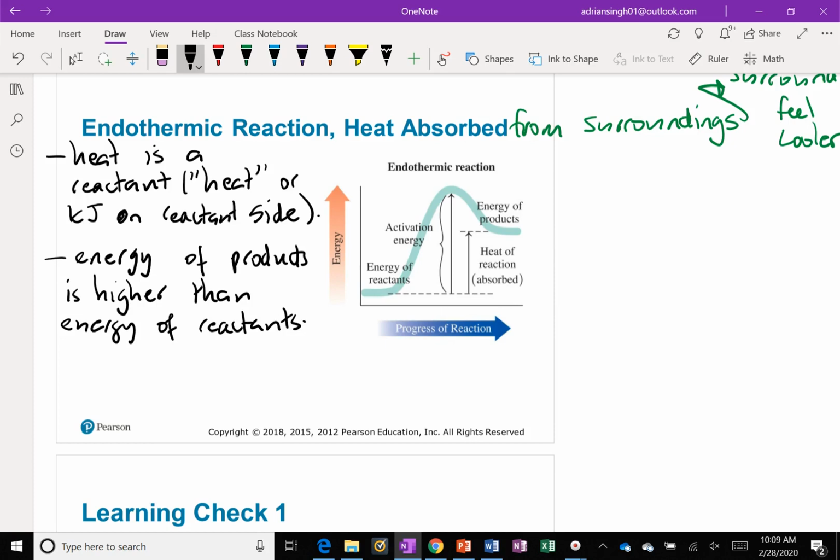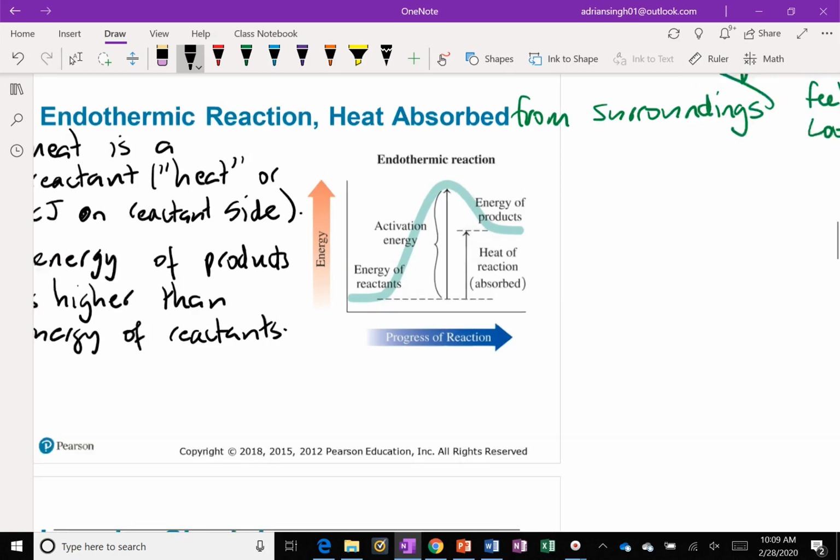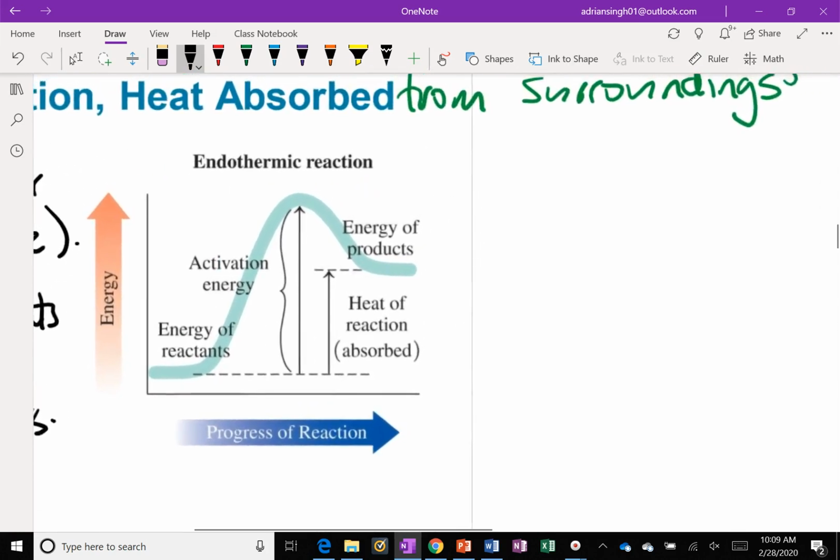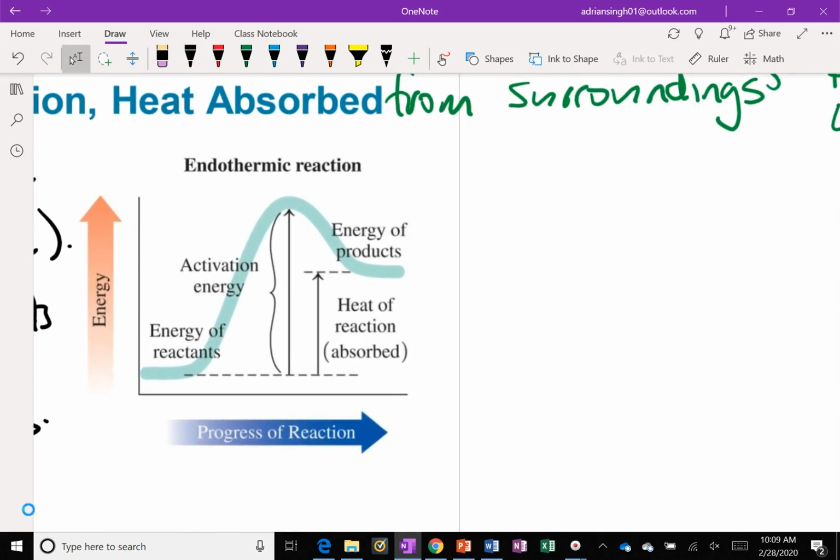All right, so if we look at our energy diagram, over here we see it looks different than the exothermic reaction. In this case, the energy of the reactants is down here, and the energy of the products is higher. That difference in energy is the amount of heat energy that the reaction actually absorbed.